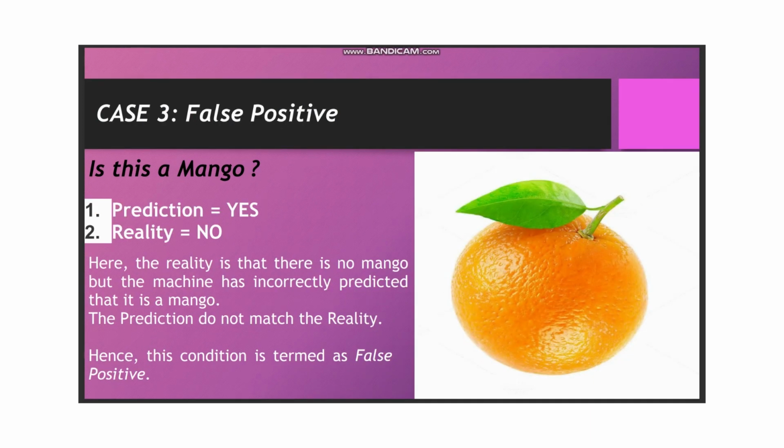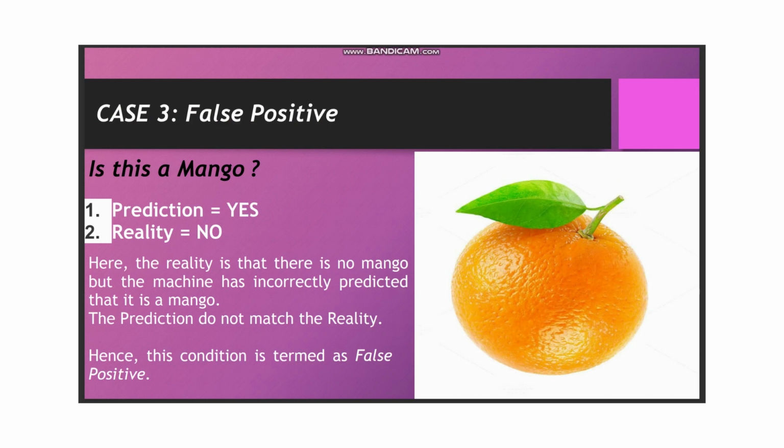Now moving ahead to the third case. Again, it is asked of the AI machine after seeing this picture: is this a mango? The AI machine, on the basis of its training results, predicts yes, it is a mango. But in reality, we all can see that it is not a mango, it is an orange.